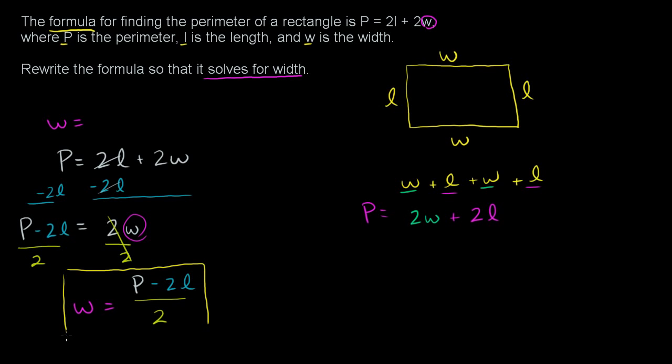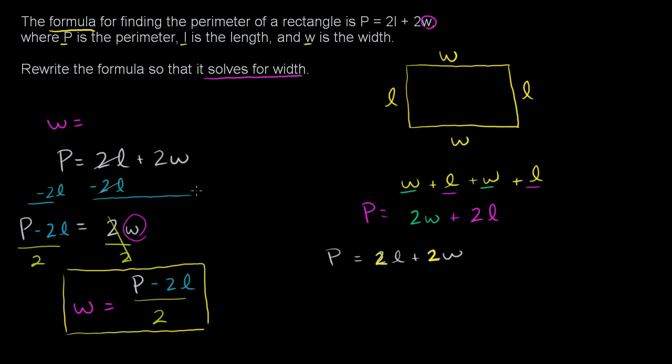But there's other ways that you might have been able to get this answer, or other expressions for this answer. Another completely legitimate way to do this problem. Let me write it this way. So our original problem is P is equal to 2L plus 2W. On this right-hand side, what if we factor out a 2? So let me make this clear. You have a 2 here, and you have a 2 here. So you can imagine undistributing the 2.